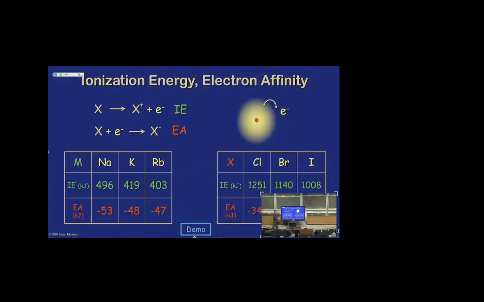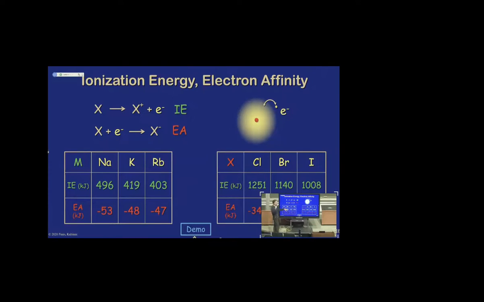So we could look at what happens. We'd notice that that's not the whole story right away. So if you're going to form sodium chloride, you'd say, well, sodium's going to give up the electron. I have to ionize that. And then chlorine's going to accept it. So that's the electron affinity for chlorine. So here's the ionization energy of the sodium.